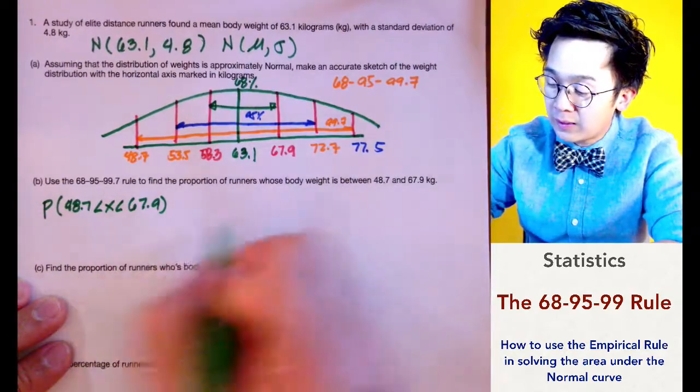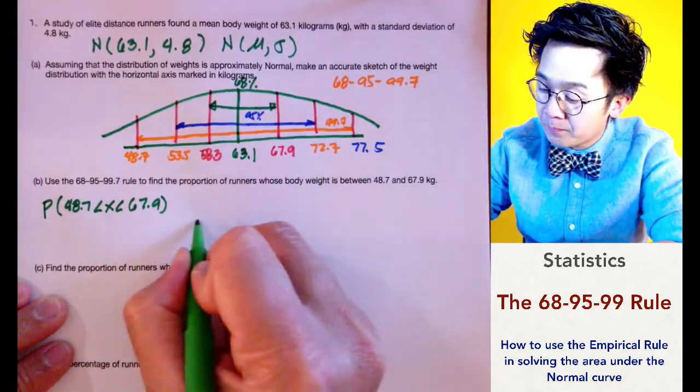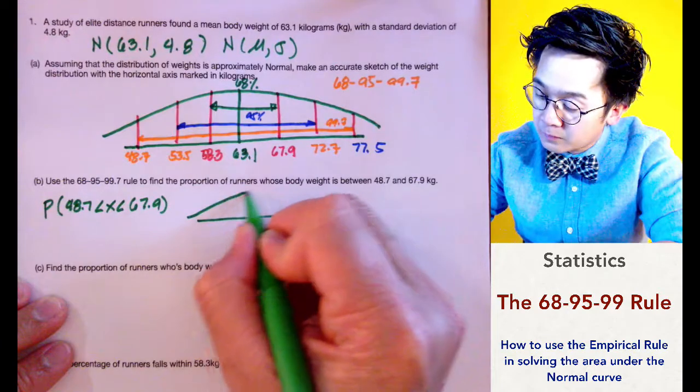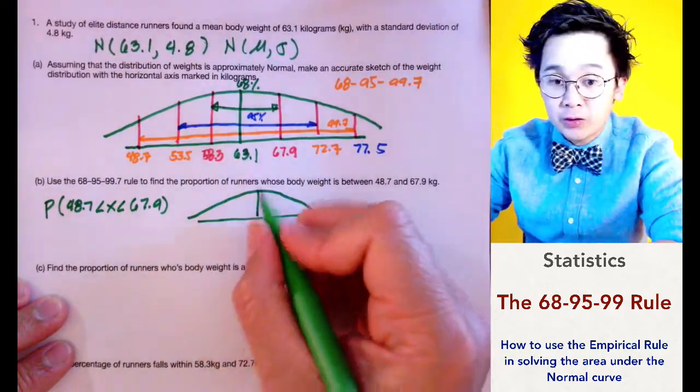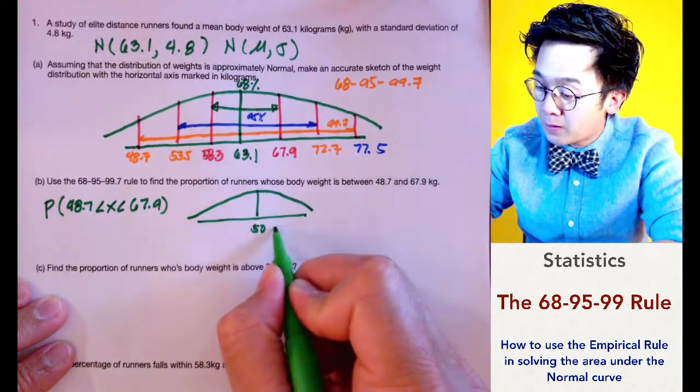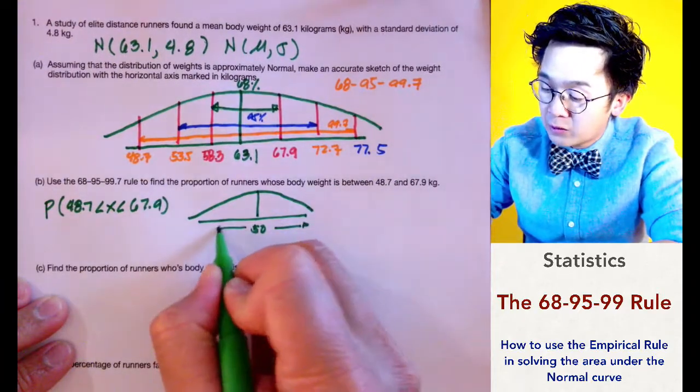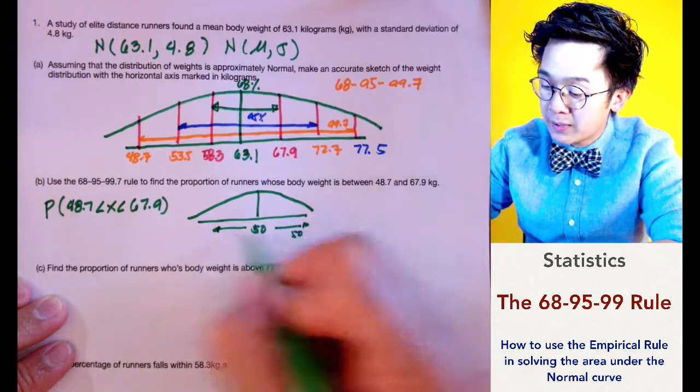So, mas magandang na-visualize nyo yung inyong distribution. So, ito yung 50%, ito yung first half, at ito yung second half ng 50%.